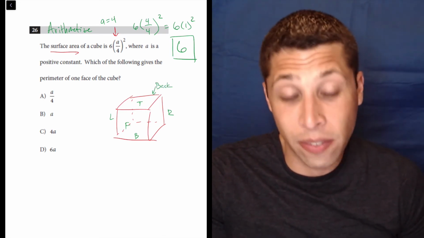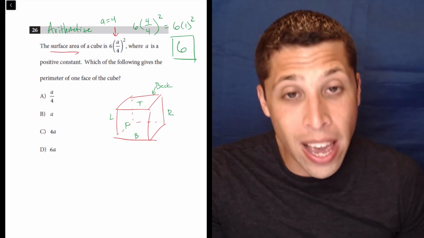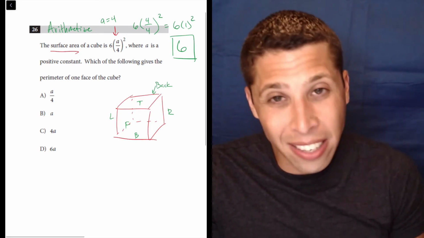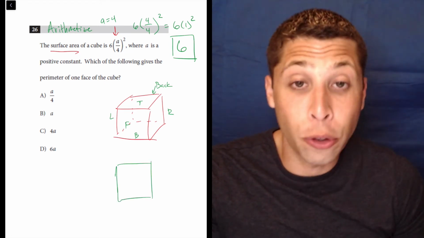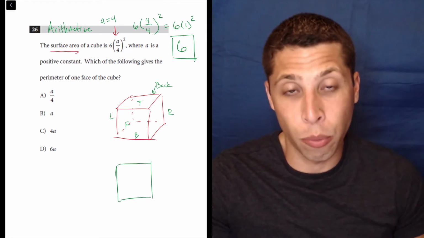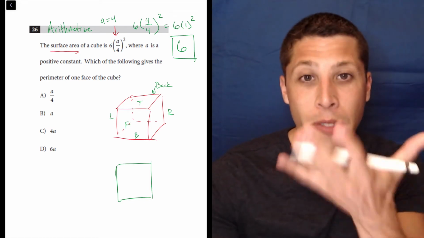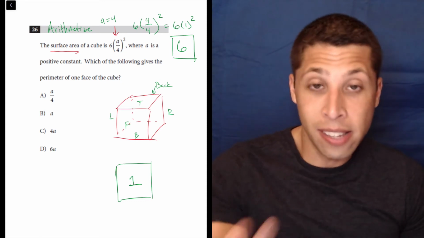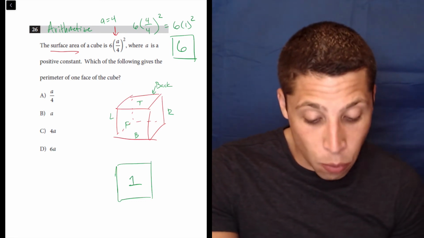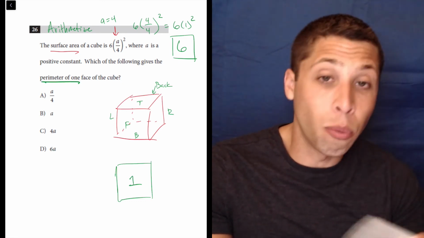So 6 faces means each face is equal to 1. A lot of times with 3-dimensional shapes, it's helpful to draw them in 2 dimensions, especially because we're dealing with surface area, so we're thinking of the surface. So the area of one face is equal to 1, and what they want is the perimeter of one face of the cube.